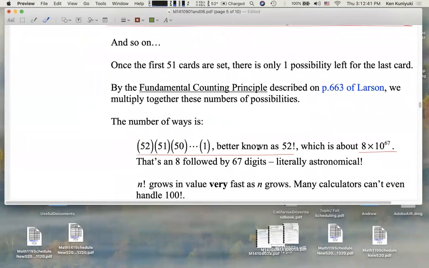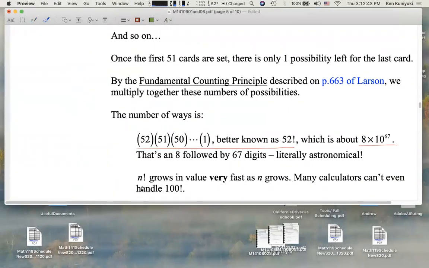Now, on your calculator, again, n factorial grows in value very fast as n grows. Many calculators can't even handle 100 factorial. I doubt yours can. I'll give you a moment. Get that calculator out. Try to get 100 factorial. Odds are you're going to get something like error or overflow. I would bet your calculator can't even handle it.